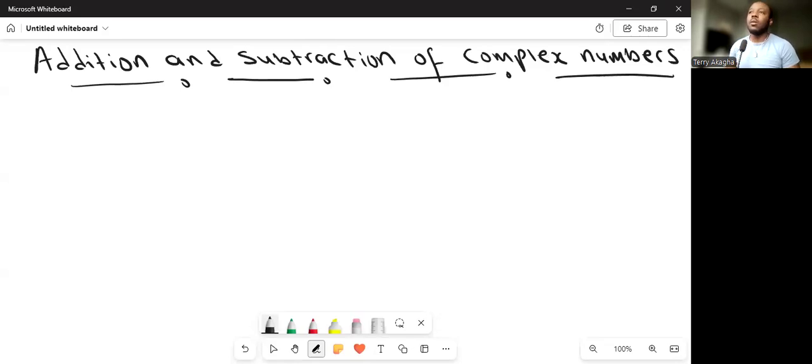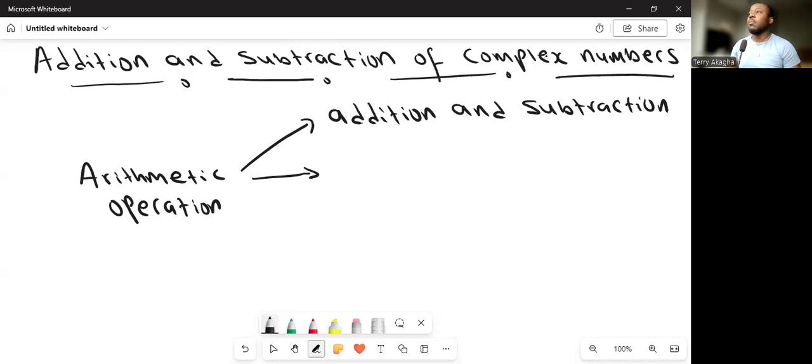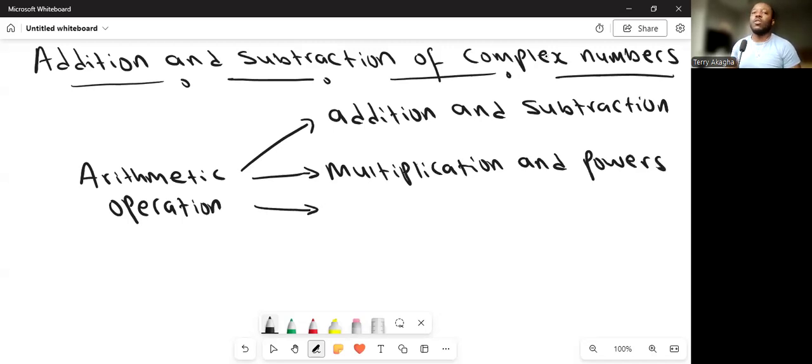When we say arithmetic operations, I'm referring to addition and subtraction, and also multiplication and powers, conjugates, and finally division.